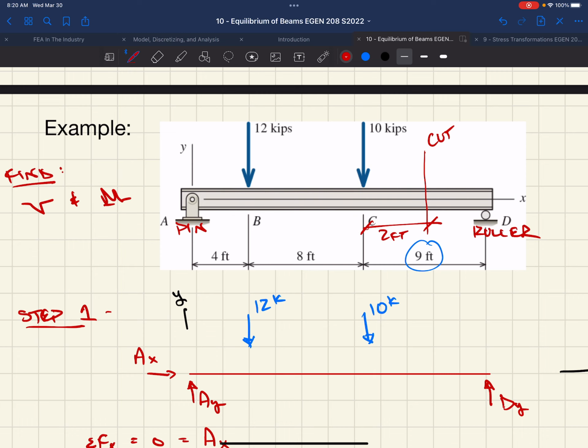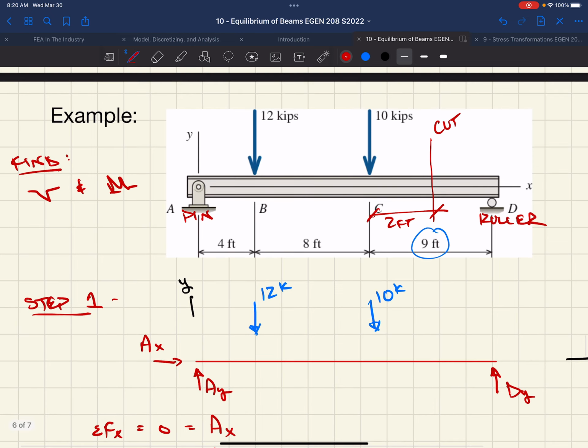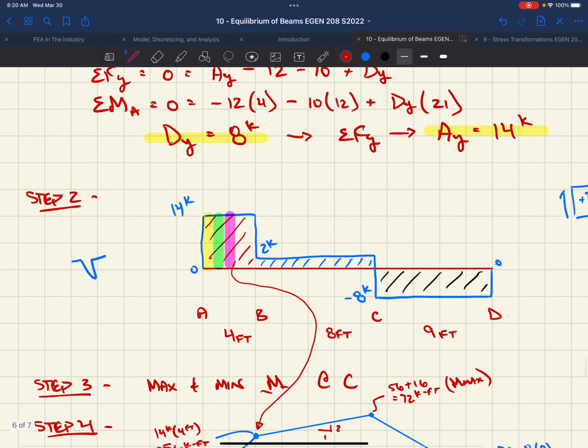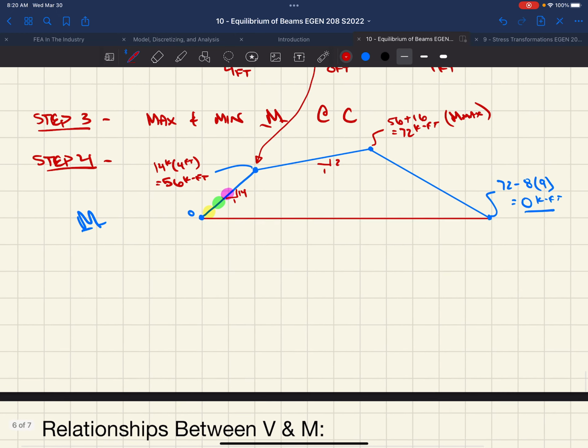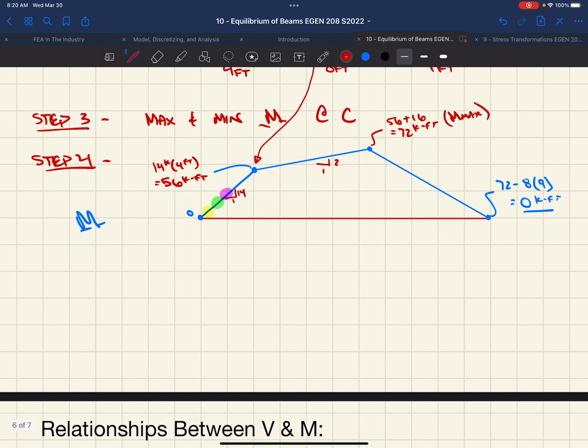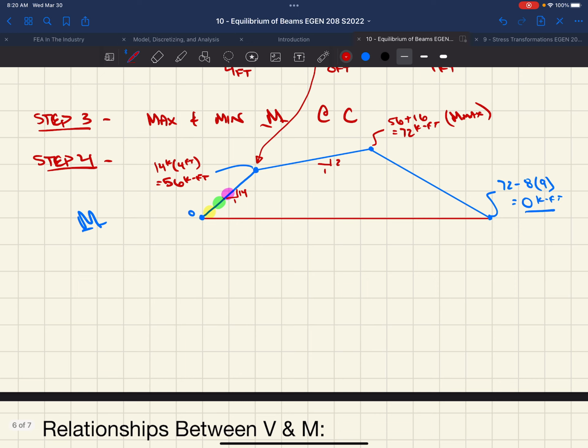There was a transition in material, or we wanted to connect two members together, okay? There's something going on there. We wanted to know what the internal force is at that point. We could use the method of sections too, right? If we use the method of sections, we would want to draw free body diagrams.